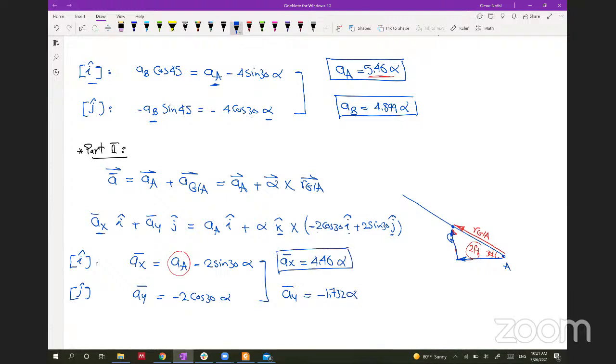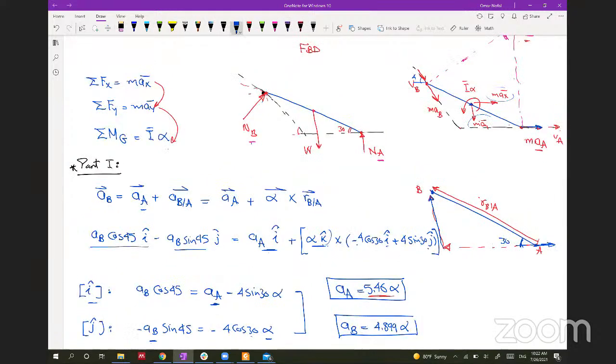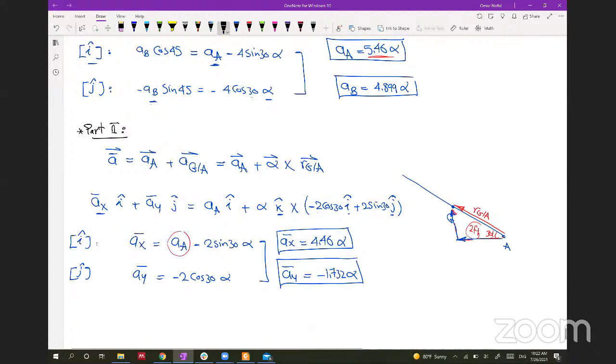Let's box them like this. So right now I know the acceleration at x and y in terms of alpha. So now I can use the kinematic equation, because I can substitute ax by alpha and ay by alpha. So we will have 3 equations and 3 unknowns, which will be alpha and NB and NA. So let's do part 3, which is Newtonian kinetics.